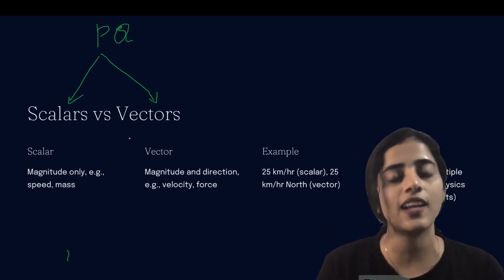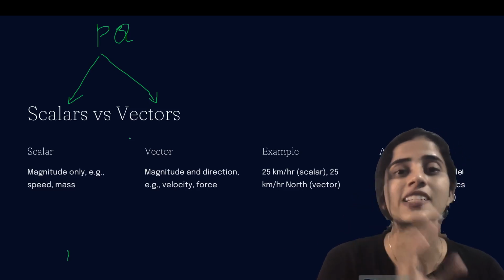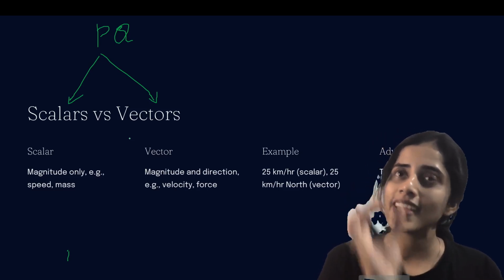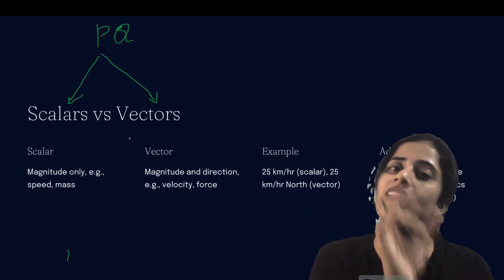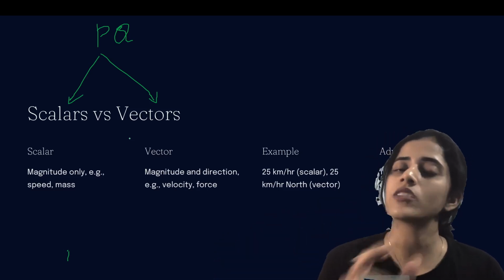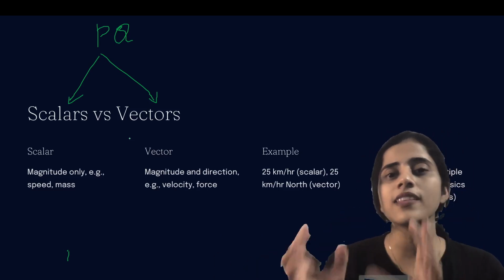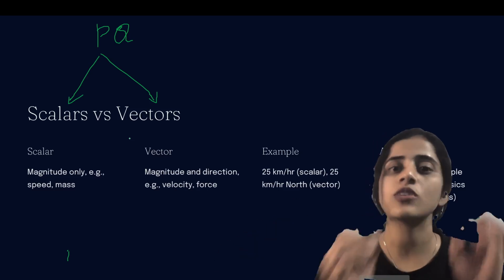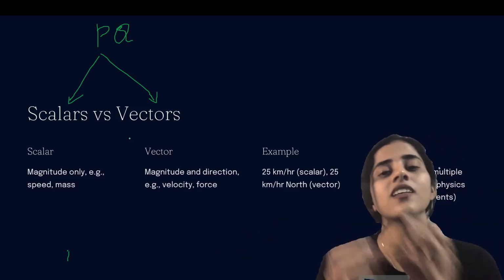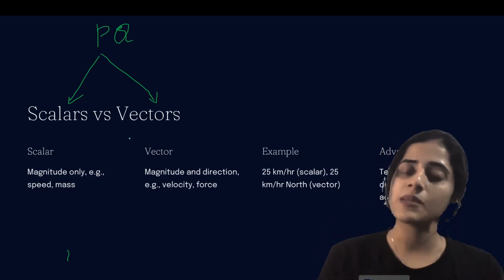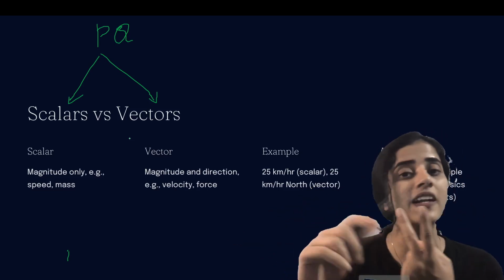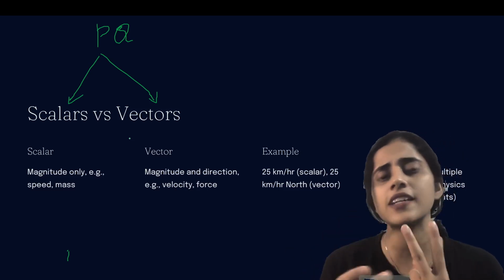So that is a scalar quantity. But when you talk about displacement, you have to say it is 10 kilometers in the northeast direction or the southwest direction or the east direction, some direction. Only then displacement becomes valid. So distance is a scalar, displacement is a vector. Similarly, I can give you two other quantities, speed and velocity. The example I just mentioned.